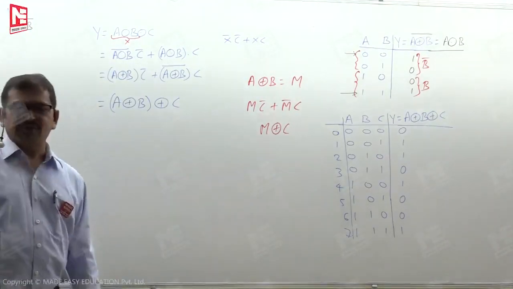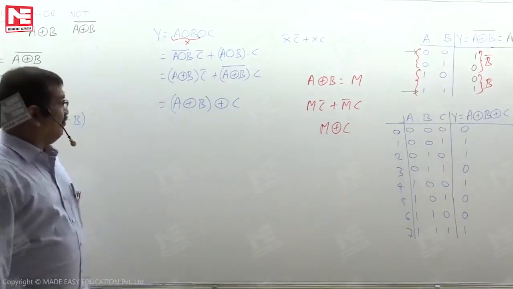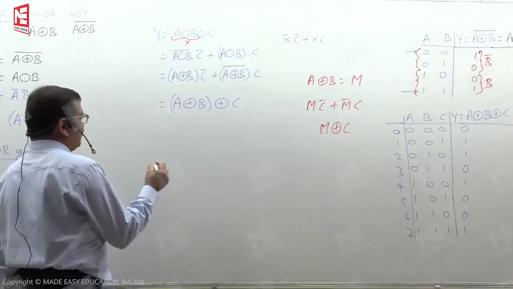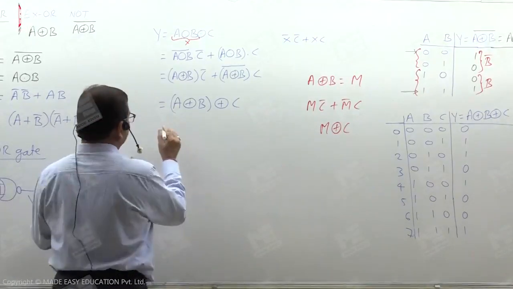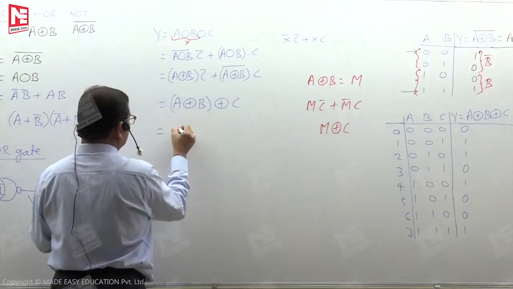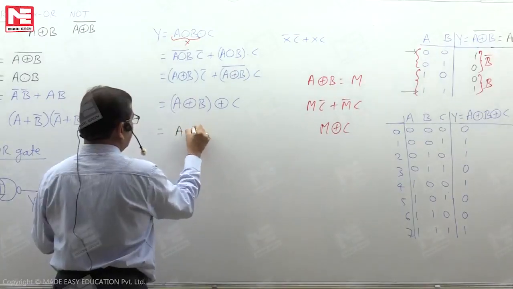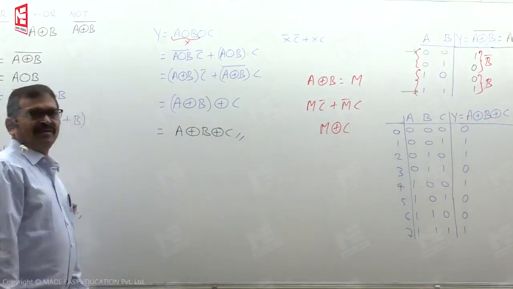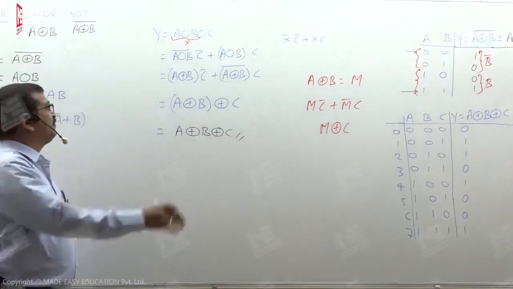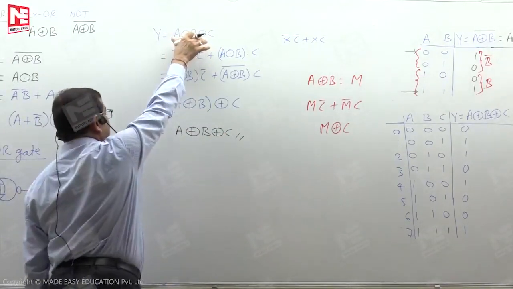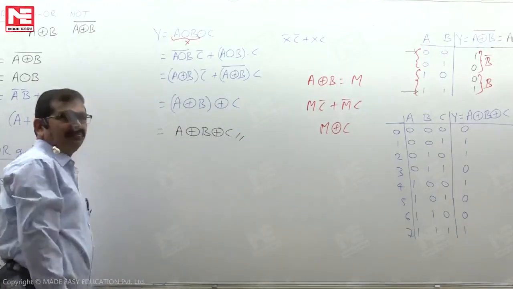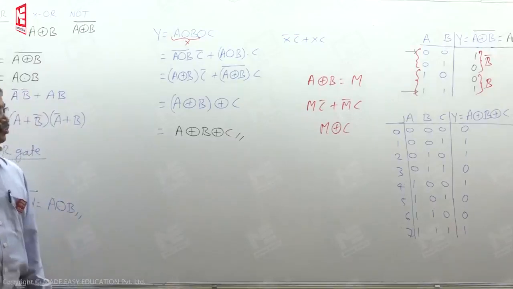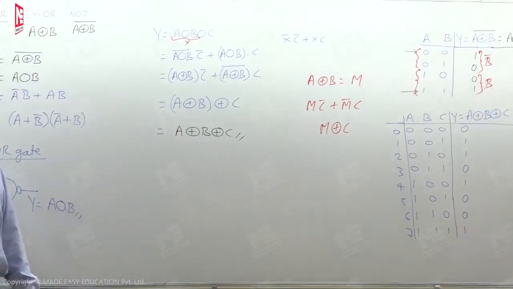Associativity is valid on the exclusive OR operation. Since associativity is valid, while removing the parentheses, it must be A exclusive OR B exclusive OR C. We started with the exclusive OR operation and we are reaching the exclusive OR operation.